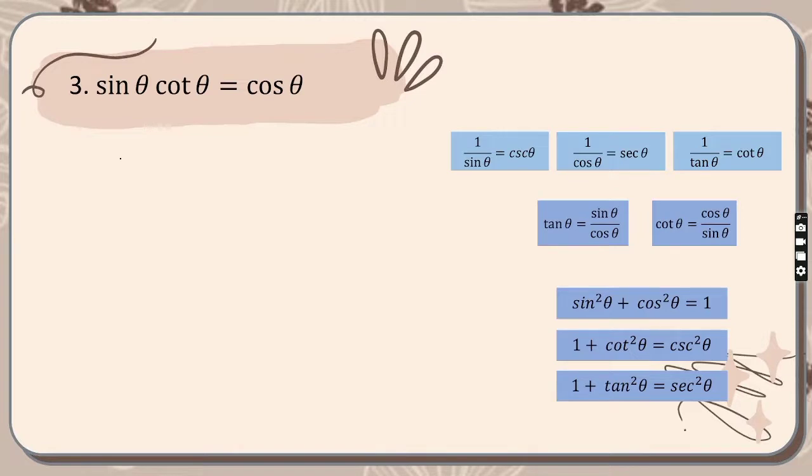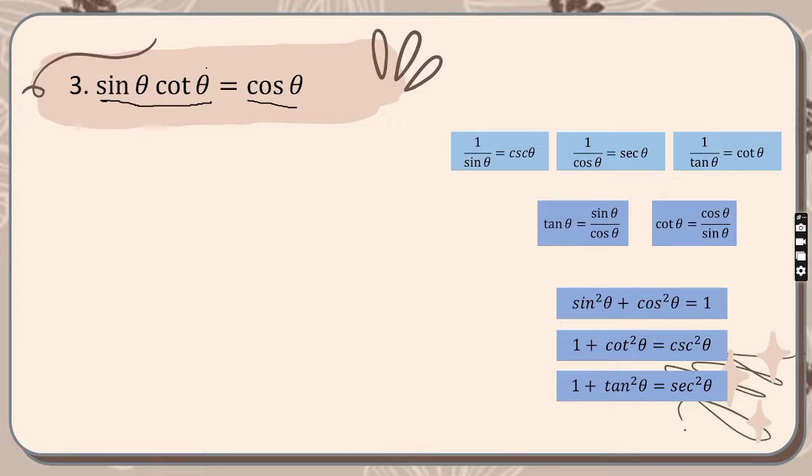Okay, number 3. So, sine theta times cotangent theta is equal to cosine theta. So, in this case, ang goal natin is kailangan natin mag-equal yung sine theta, cotangent theta sa cosine theta. So, mag-iisip tayo, ano ba yung pwede nating gamitin, palitan na trigonometric function, para ma-solve natin yung trigonometric identity.